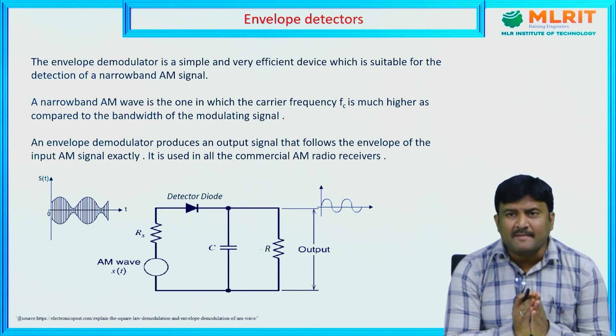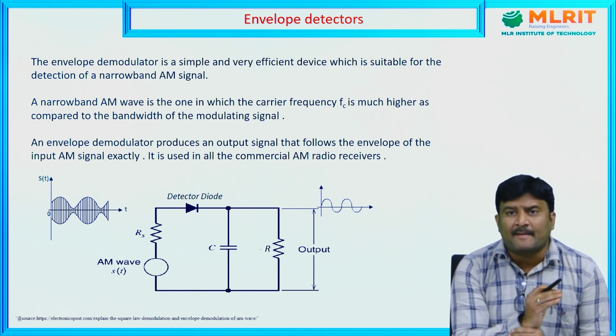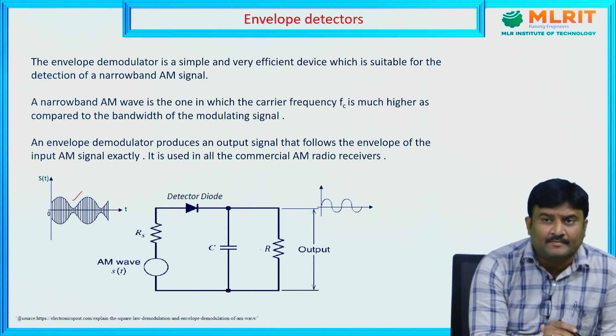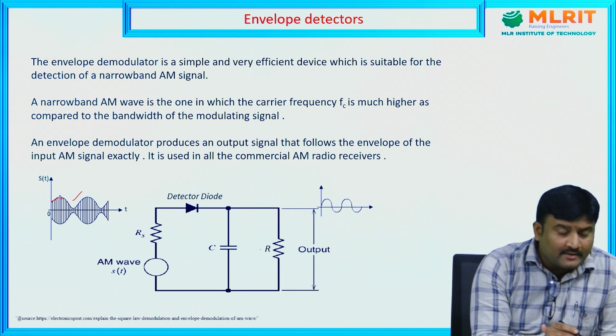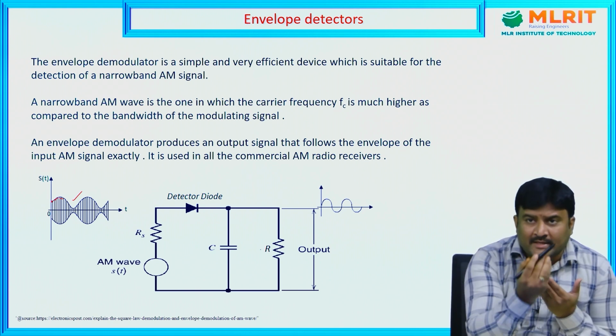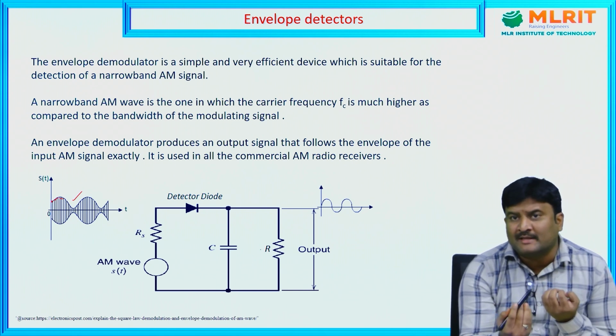Remember, the name indicates it. On the top, when you take the amplitude modulated signal, the envelopes are nothing but, at one peak the amplitude is more, at one peak the amplitude is less, at one peak again the amplitude is more, at one peak the amplitude is less.